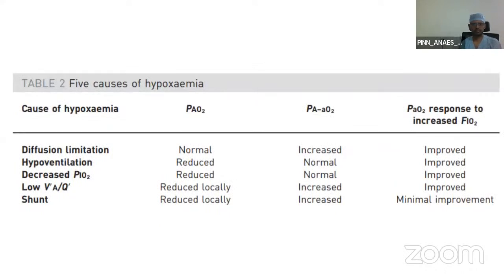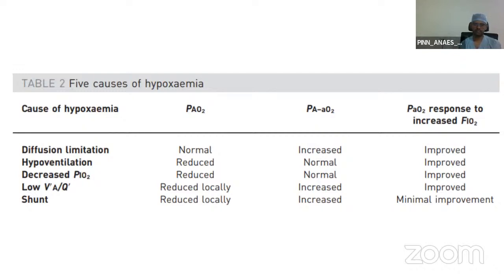To summarize, these are the 5 causes of hypoxemia: diffusion limitation, hypoventilation, decreased inspired oxygen tension, low VQ ratios, and shunt. In diffusion limitation, the alveolar PO2 is normal, while the alveolar arterial oxygen pressure difference is increased, and it responds to supplemental oxygen.